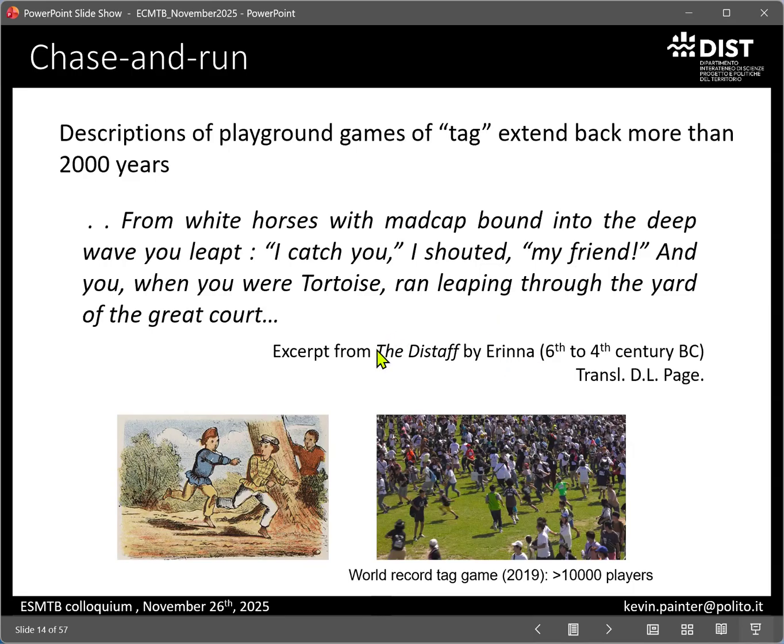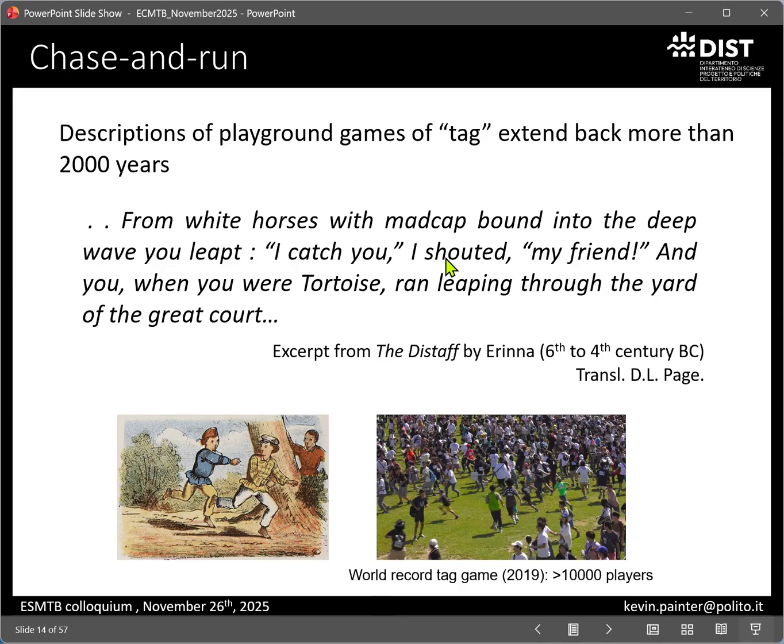famous poem, the Distaff by Erinna, who was an ancient Greek poetess, where part of that passage reads, "From white horses with madcap bound into the deep wave you leapt. I catch you, I shouted, my friend, and you, when you were tortoise, ran leaping through the yard of the great court."